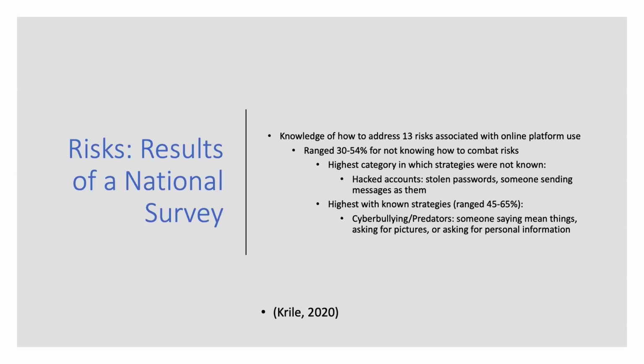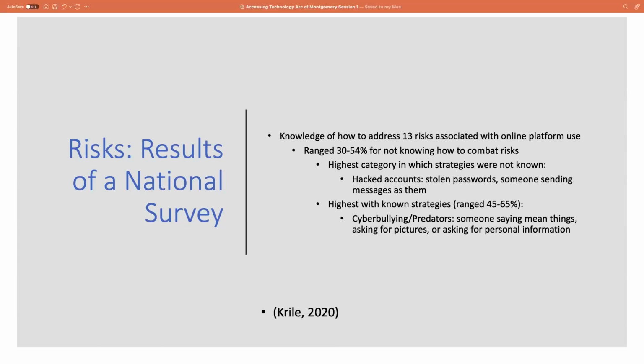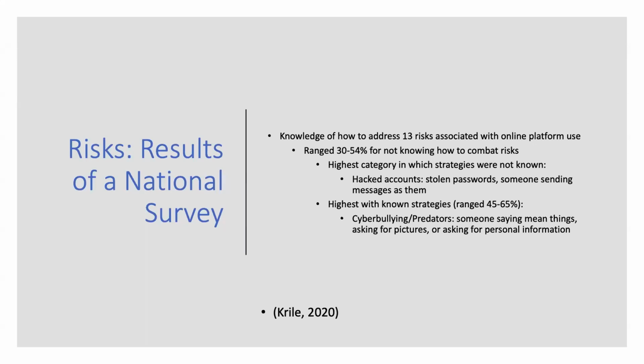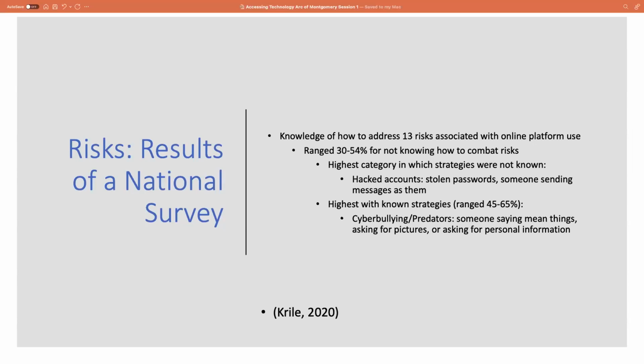In the categories where they knew the most, it was still only 45 to 65% of all 141 participants, so it's still a small number. But the highest where they did know something about how to address it was if they were cyberbullied, if somebody said mean things to them or asked them for pictures or personal information.